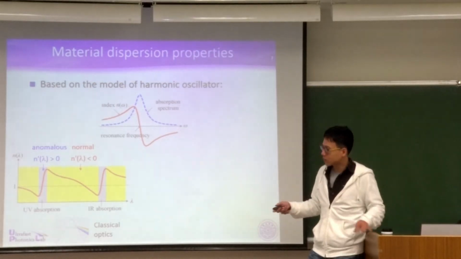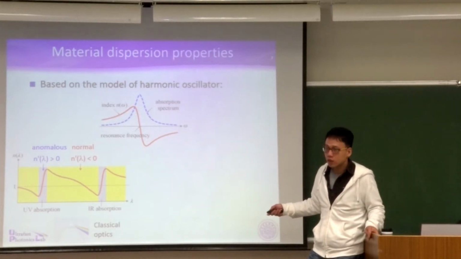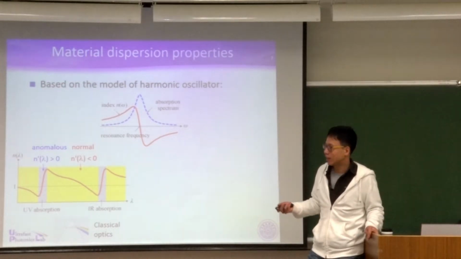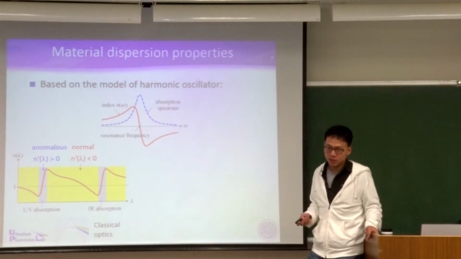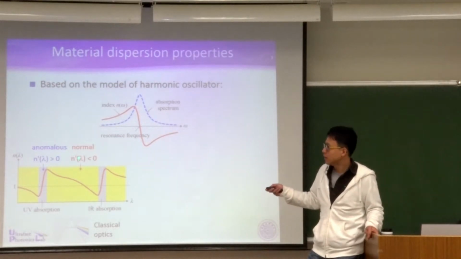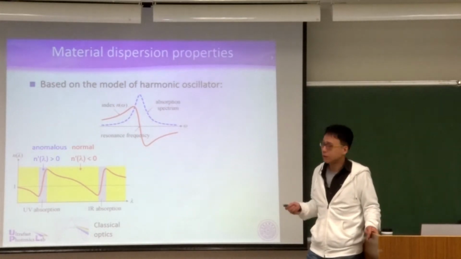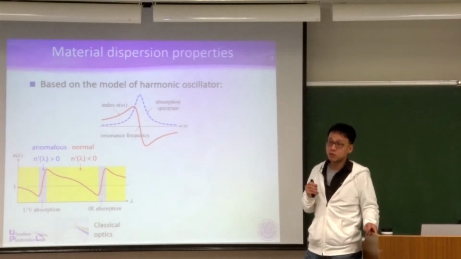If you got the reverse, it means you are using a material of anomalous dispersion. And this is a very historical phenomenon. So classical optics uses the sign of the first order derivative to define normal or anomalous dispersion.